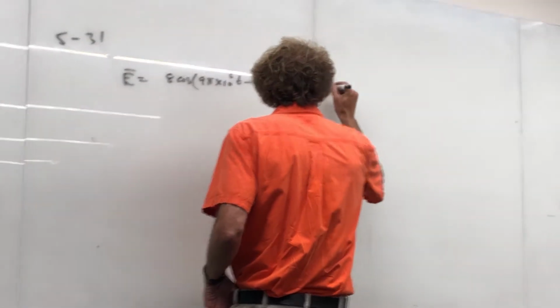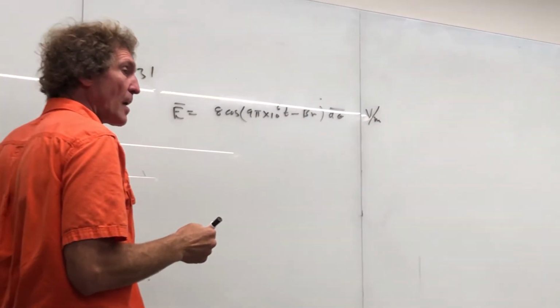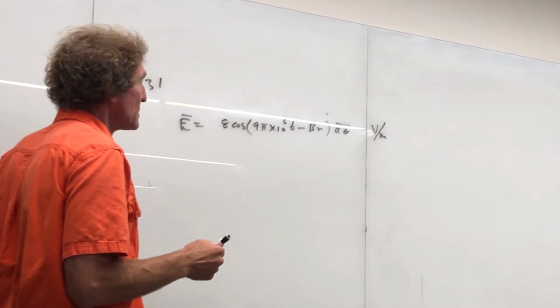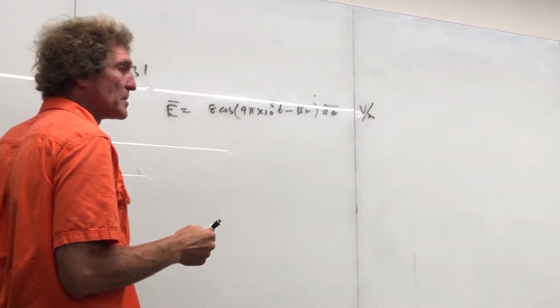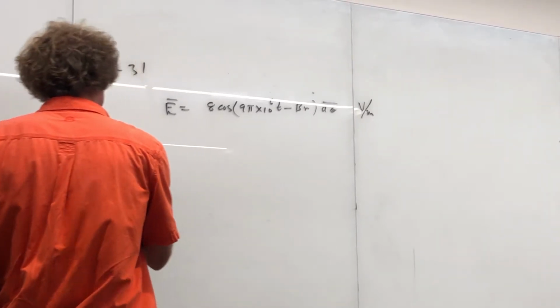What do they ask? Find the frequency, phase constant, and H field. What else did they say? Is this in air? Does he give it? Is it free space? Free space, okay, free space.